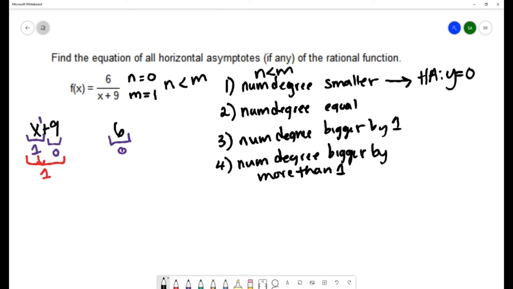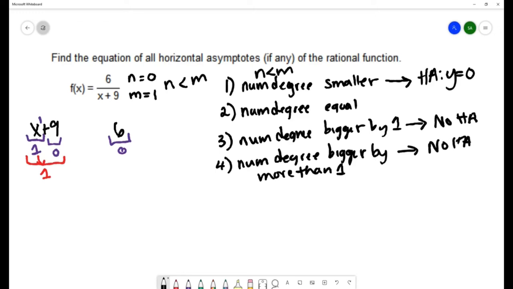Anytime the degree of the numerator is smaller than the degree of the denominator, the function has a horizontal asymptote of y equals 0. Now, in the other cases, you have no horizontal asymptote if the numerator has a bigger degree.